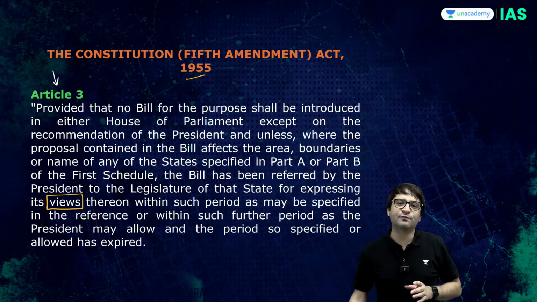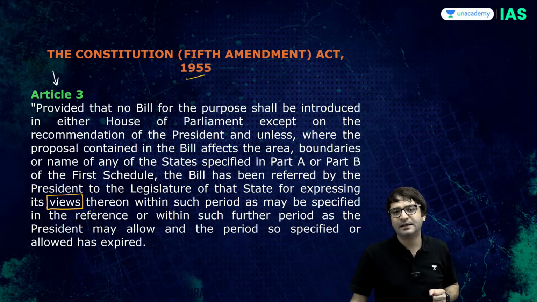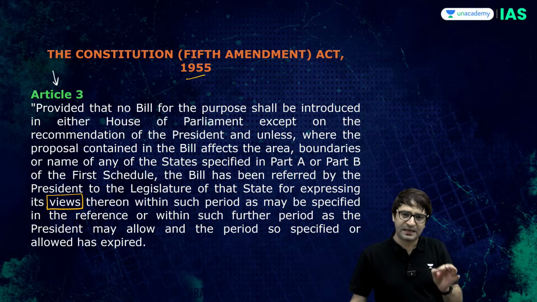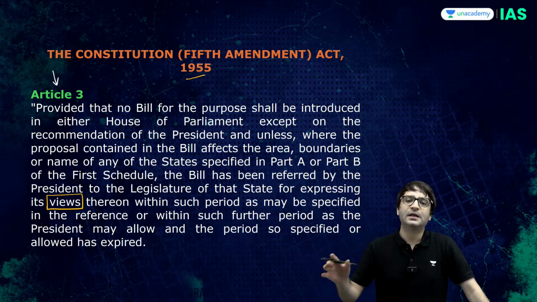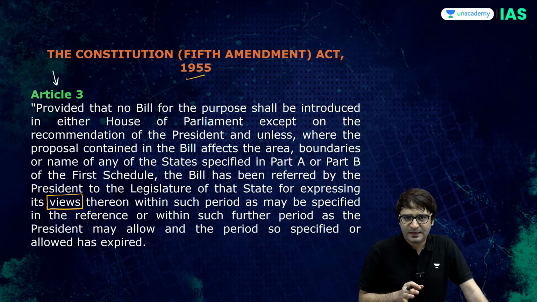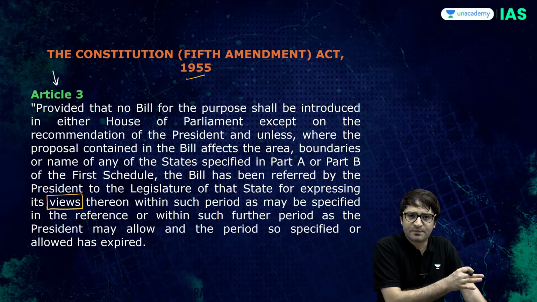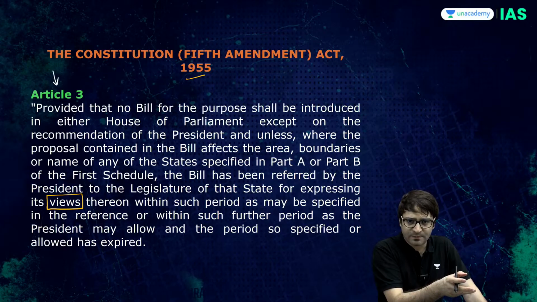It is only after those views are sought and received within the possible time frame that the President can give his assent, his concurrence, his permission, and then this bill can be introduced in the Parliament. Long story short, a bill under Article 3 cannot be introduced without the prior permission of the President of India. And before the President can give his permission, the President has to consult the legislature of a state which is going to be affected by this bill.